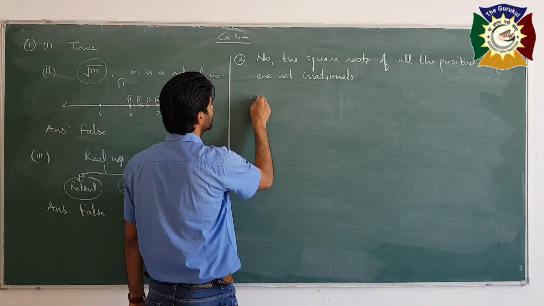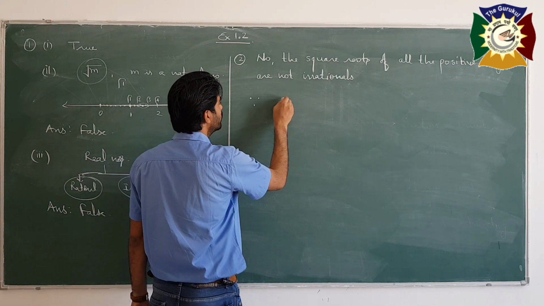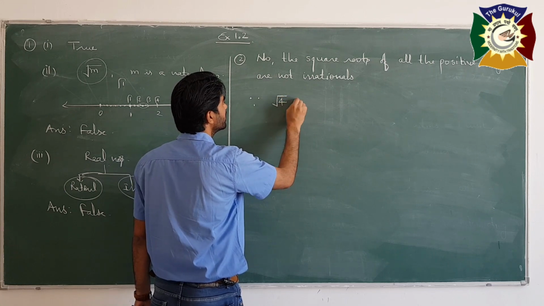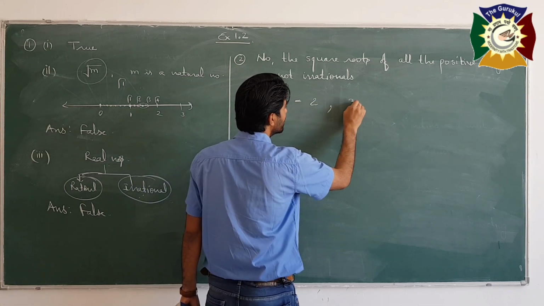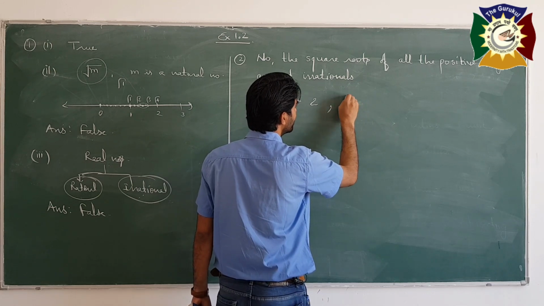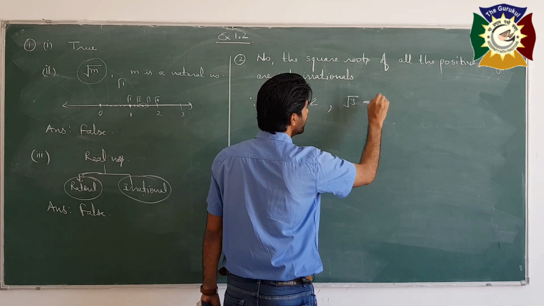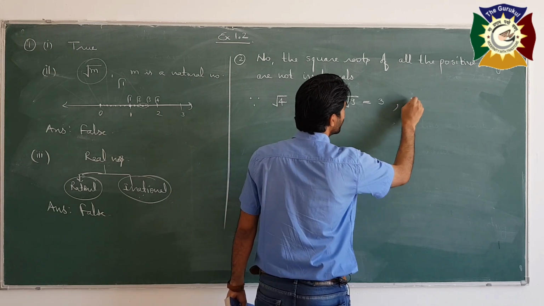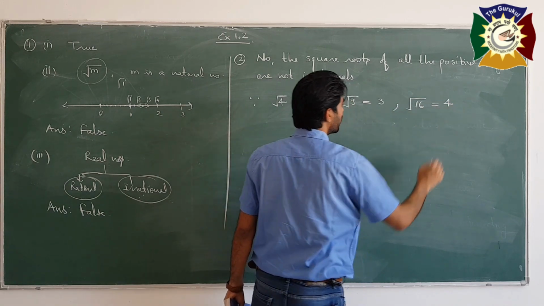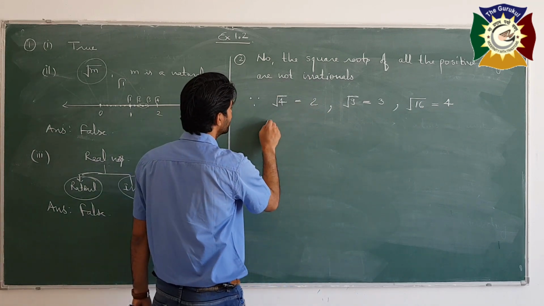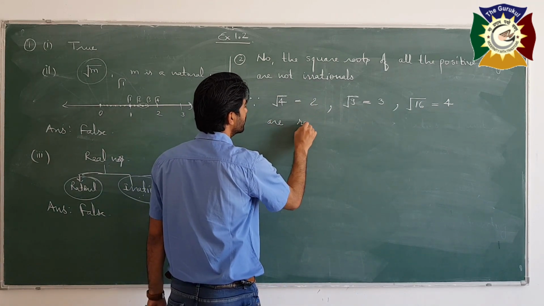Suppose root 4 which is equal to 2, root 9 which is equal to 3, root 16 which is equal to 4 are rational numbers.